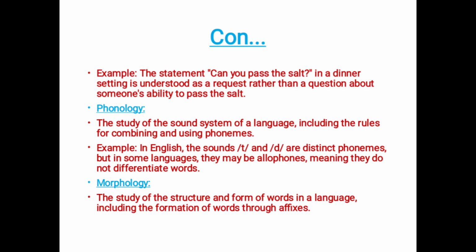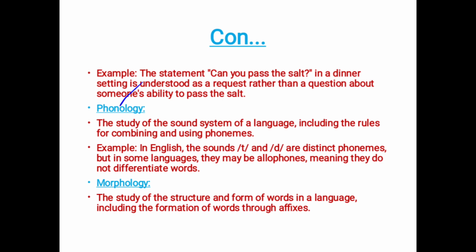It means you are having dinner. Someone says to you, can you pass the salt? So it's not an order, it's actually a request, because you are having dinner at that time. So that's why you should take it as a request, not an order.